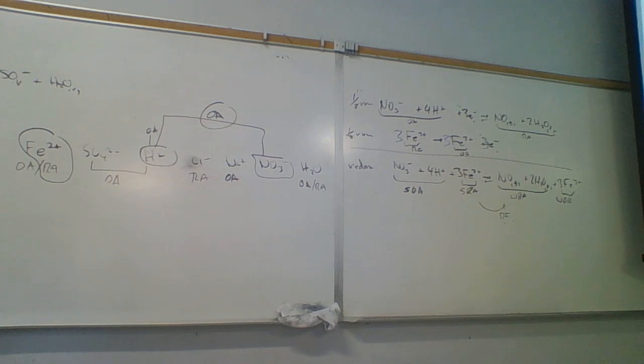Do you know what award it won? It won Science Magazine's Molecule of the Year. So you look at Science Magazine, the molecule of the year is nitric oxide, NO.